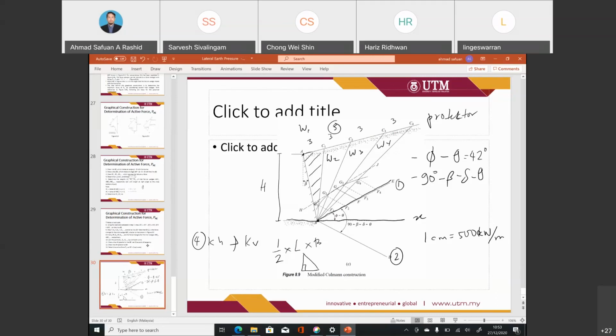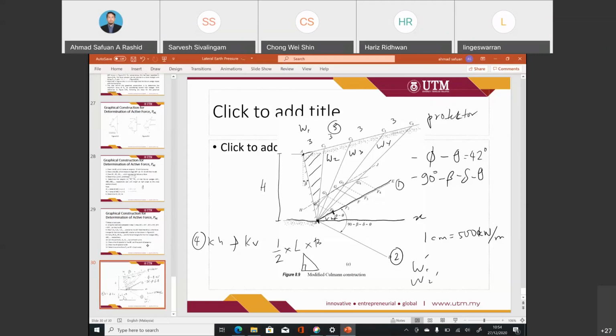Now you know the value of your W1 prime, W2 prime. You need to draw all these values on the line of BE. For example, if the value is 500 here, you use a ruler, which represents 1 centimeter.